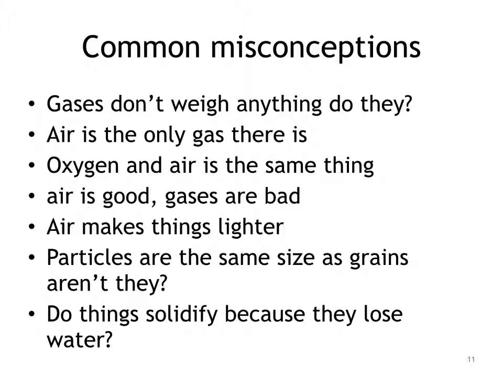The next one is: particles are the same size as grains, aren't they? When we talk about particles, students often think about grains, such as sand or powder. We need to get across the idea that particles are much, much, much smaller than that. If you use the particle theory with the students, explain that particles are very small, much too small to see.